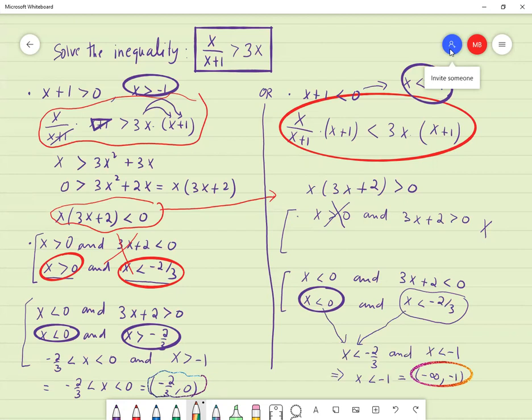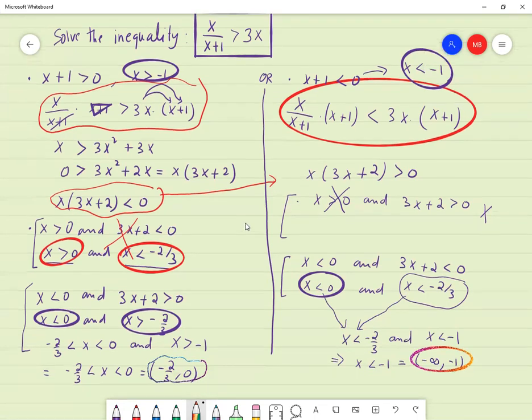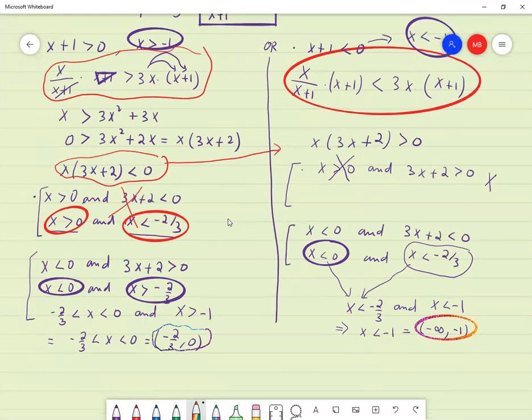So the solution set is going to be the union of these two intervals: negative infinity to negative 1, union, and this interval negative 2/3 to 0. All right, so this is the solution set for this inequality.